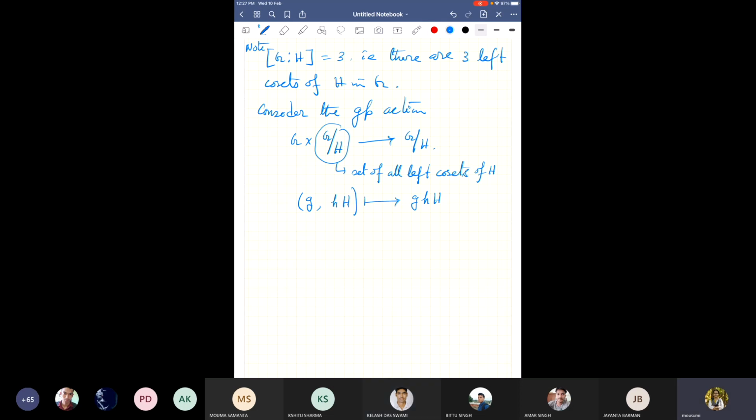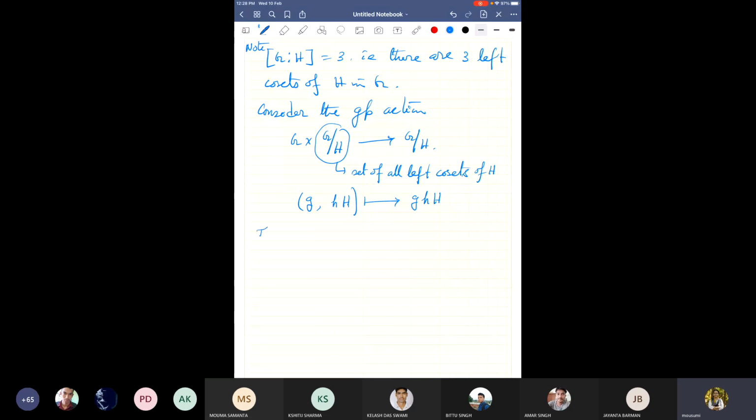So I take one left coset from the set of all left cosets and apply this element from the group G on this left coset, sending it to the corresponding left coset. And now I know the permutation representation of this group action.